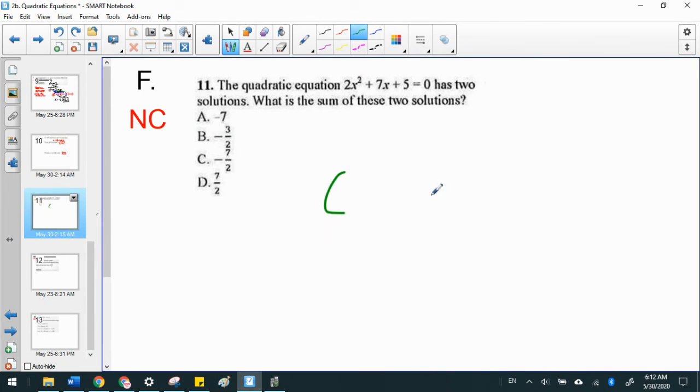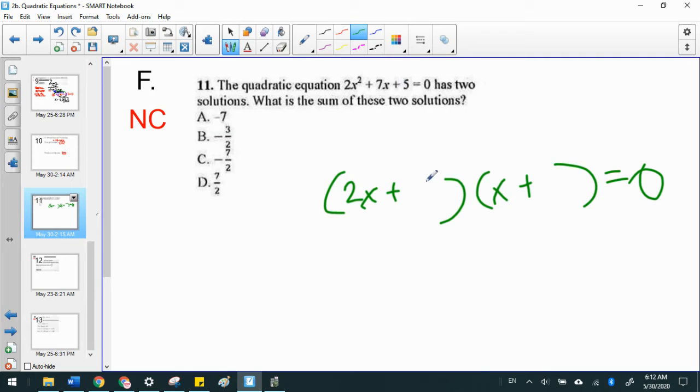Now, I can take the time to actually solve it by factoring. I know I'm going to be 2x and x. I'm going to be adding, and I have to use a pair of factors that multiply into 5. And when I distribute them, add up to a result of plus 7x.